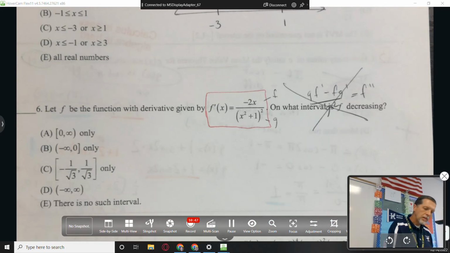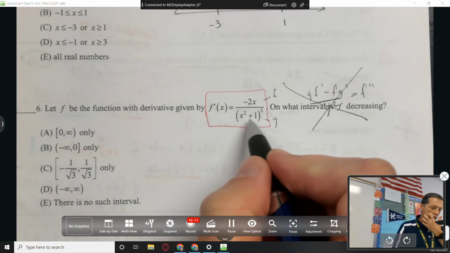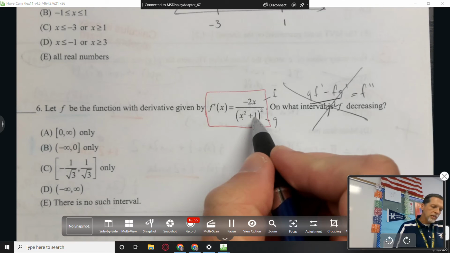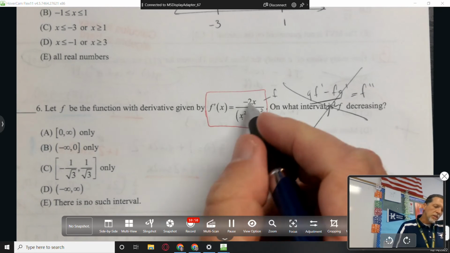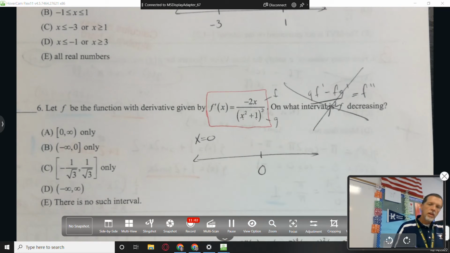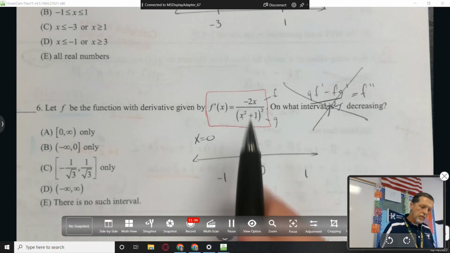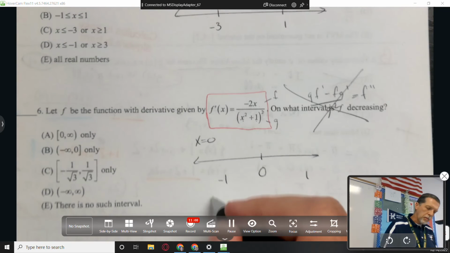You fell for your own trick. I did. So the only 0, well, the bottom would never be 0 because squared plus 1 is positive, squared is more positive. The only 0 would be x equals 0. So then I just need to check something on either side of 0. I plug in -1, I get positive.